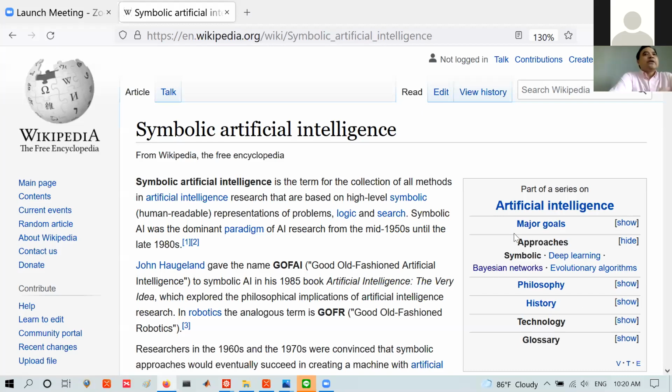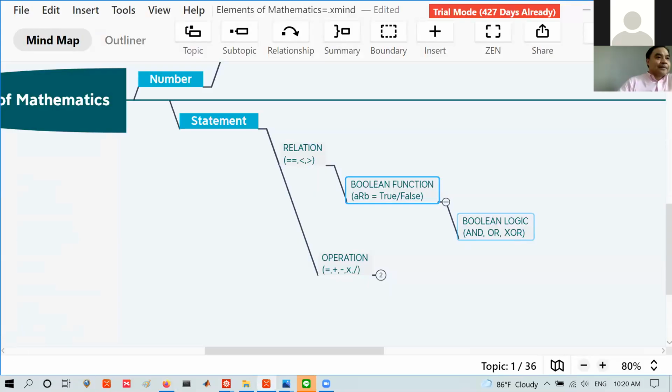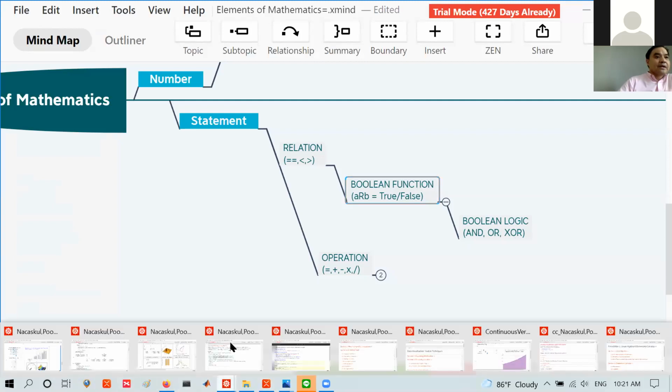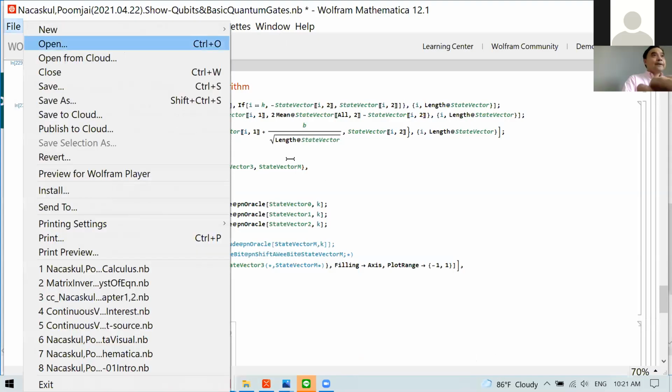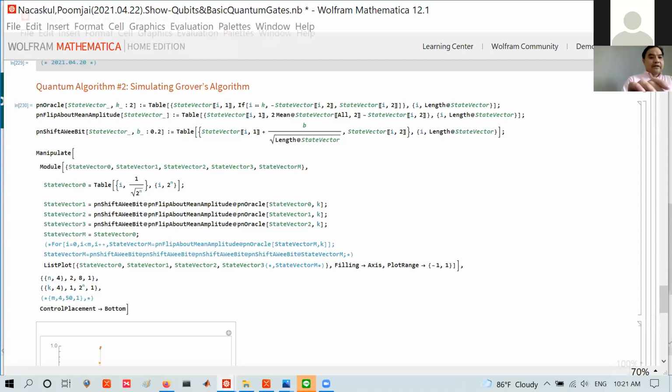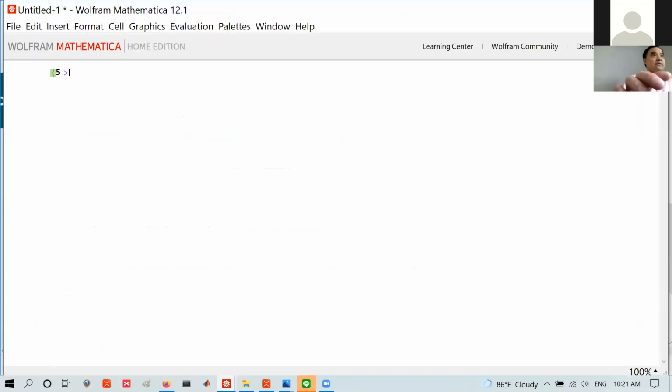But anyway, all you need to know is something very simple that we did: 5 is greater than 4, or 5 greater than 10.